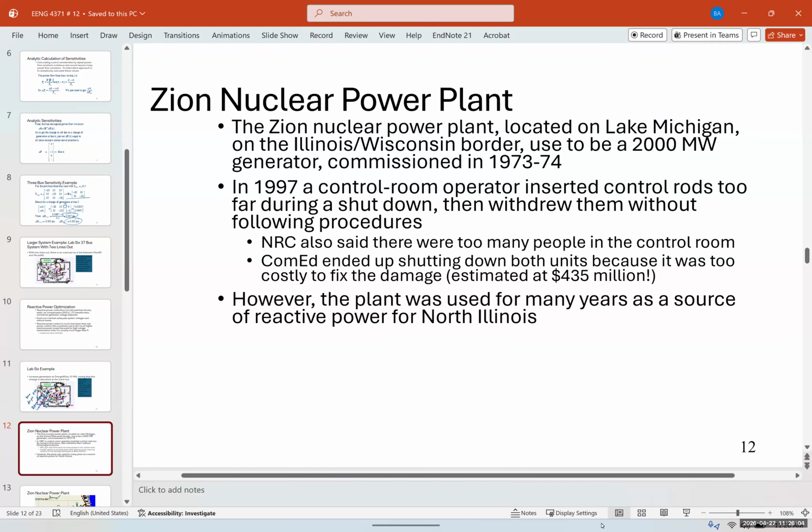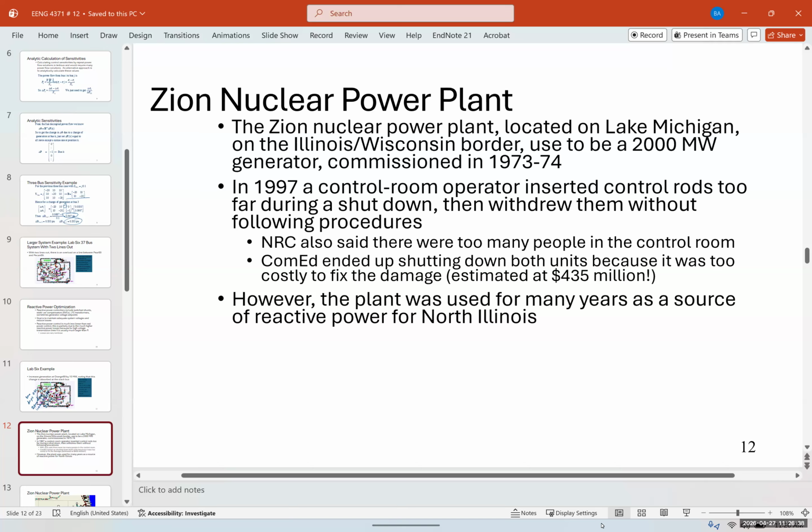Now, this is a very interesting real world example that illustrates how important reactive power is. The Zion nuclear plant in Illinois was a 2,000 megawatt, or 2 gigawatt, facility. In 1997, during a plant shutdown, an operator pulled the control rods out of sequence, a procedural violation.